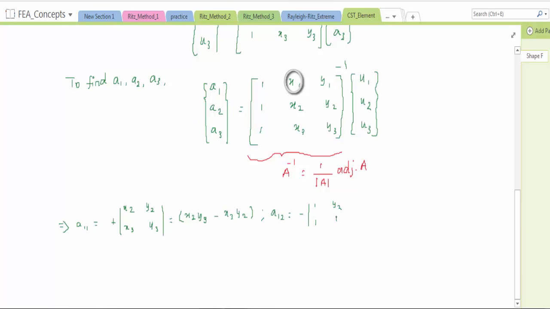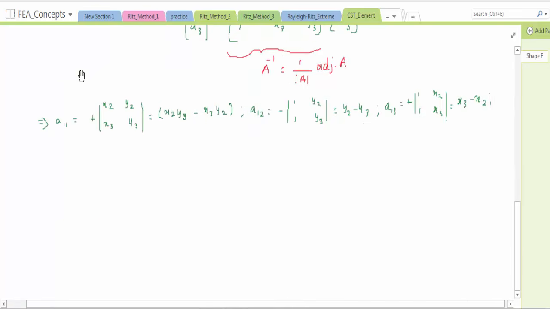Similarly for A12, we will have y2 minus y3. Similarly for this element we will have a positive sign with 1, x2 and x3, and the remaining term x3 minus x2.